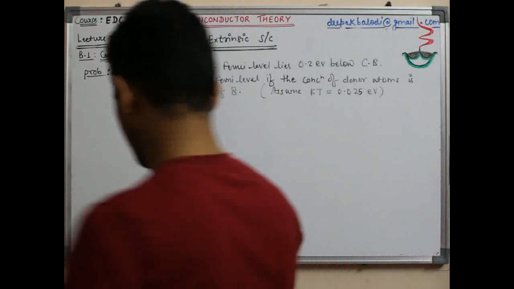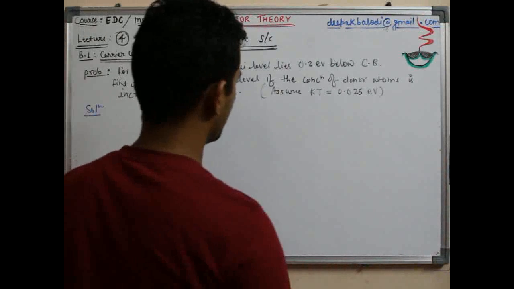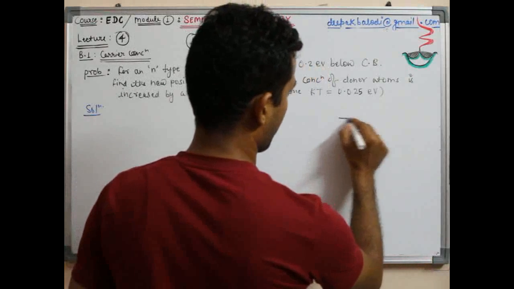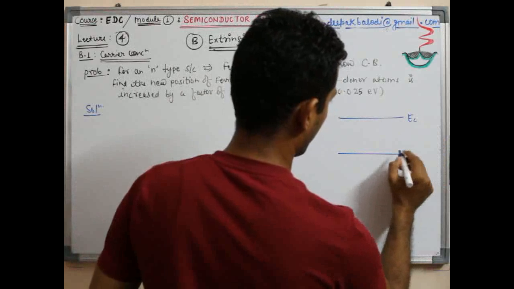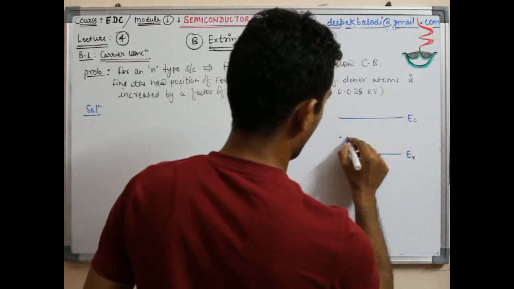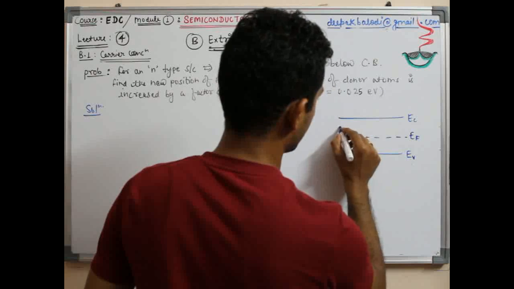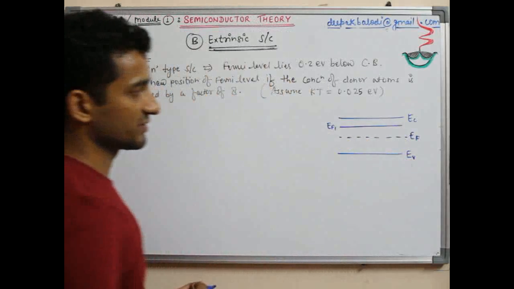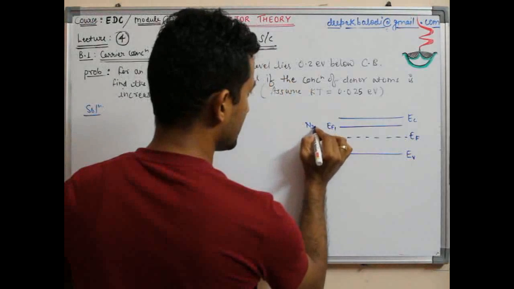So let us graphically have this scenario. Let's say this is EF1. This is the Fermi level EF1, which corresponds to the case ND1.